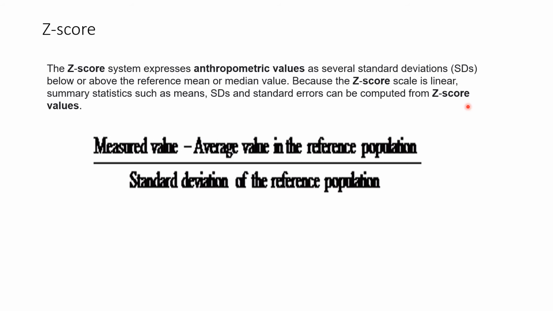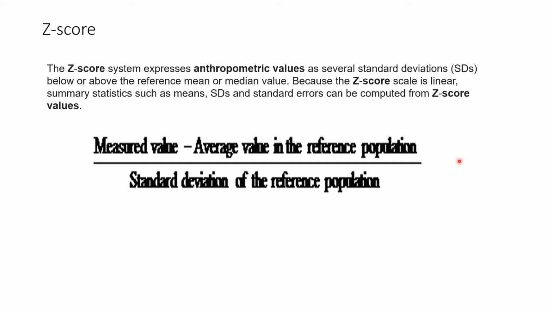That is why nowadays the Z-score only is used for assessing the nutritional status. So what is the formula for the Z-score? It is the measured value minus the average value in the reference population, divided by the standard deviation of the reference population.